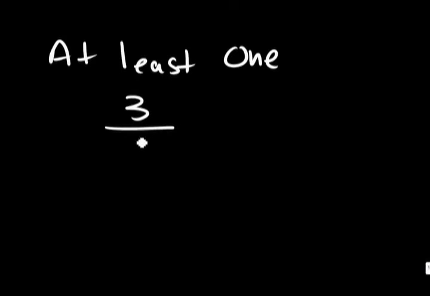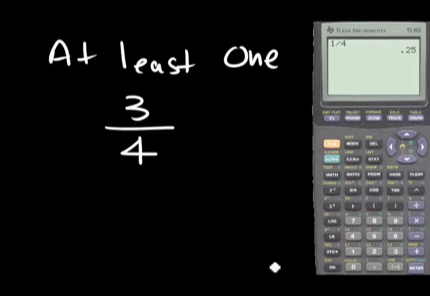And having at least one boy, there are 3 possible outcomes out of the 4 outcomes. Probability is 0.75.